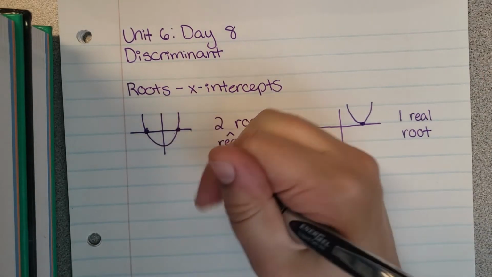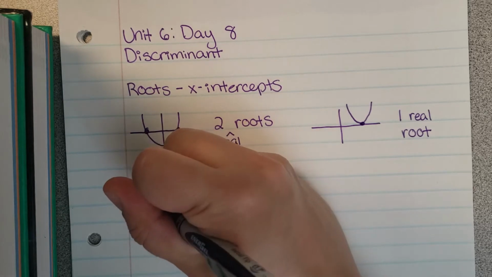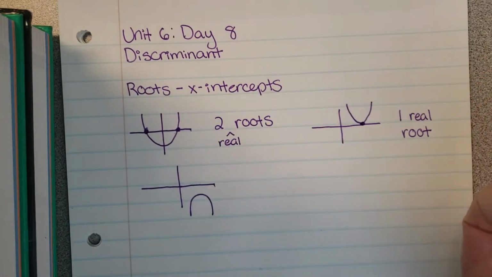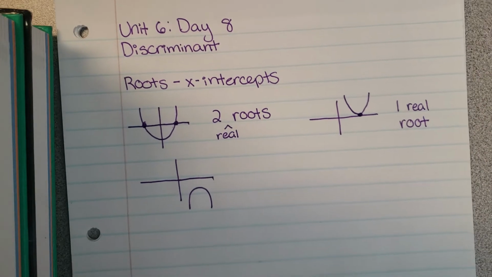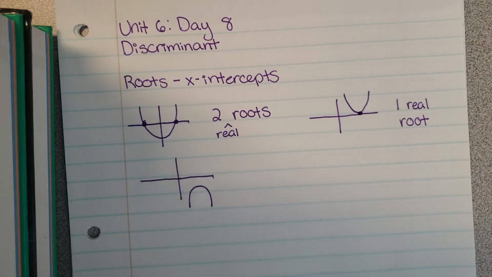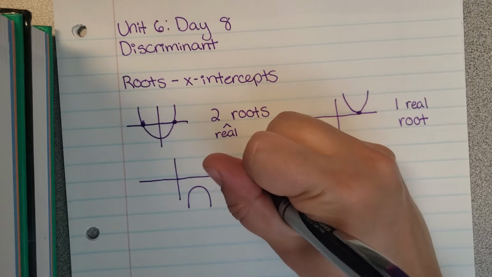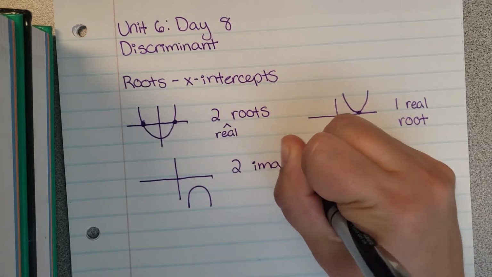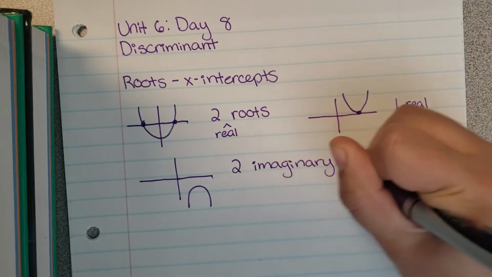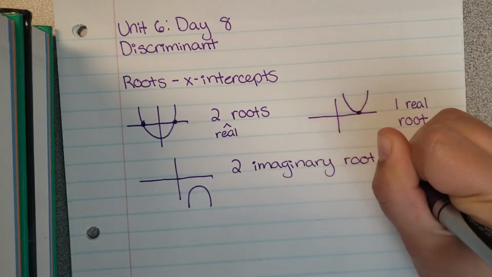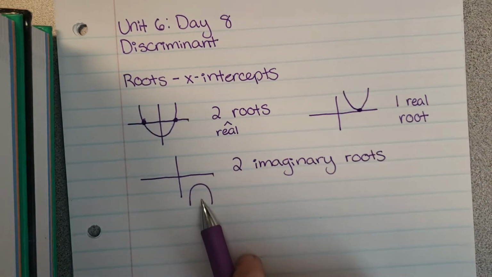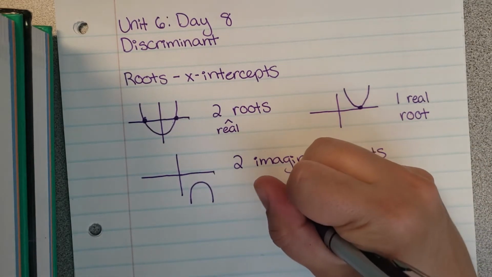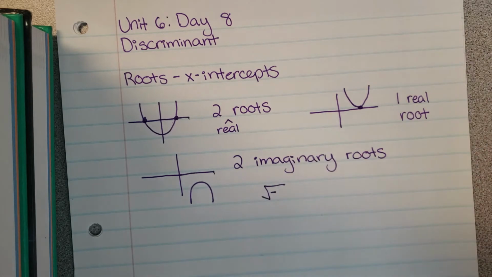Some quadratic functions don't have any real roots. So for example, this guy right here has 0 real roots. But instead of saying 0 real roots, we're actually going to say something else. We're going to say it has 2 imaginary roots. You can't see them, but if you were to solve this quadratic equation using the quadratic formula, you would end up with a negative underneath the radical.